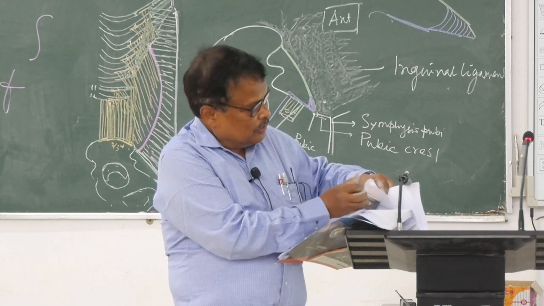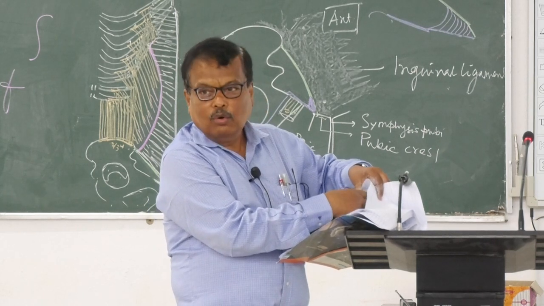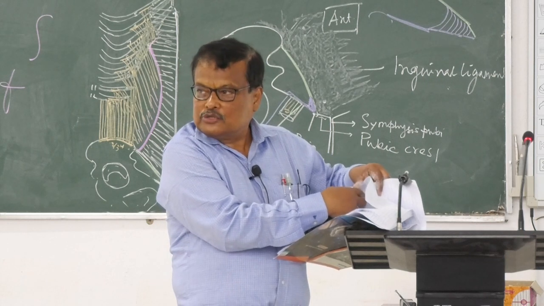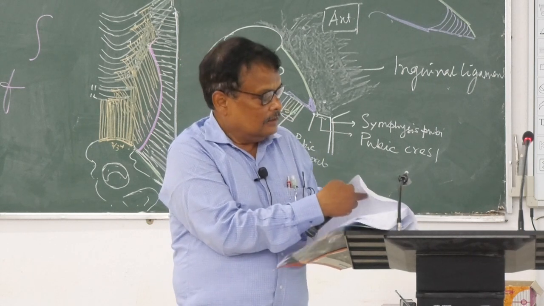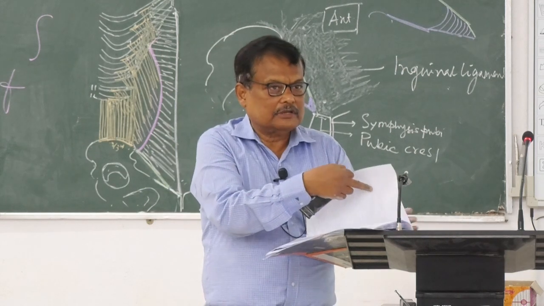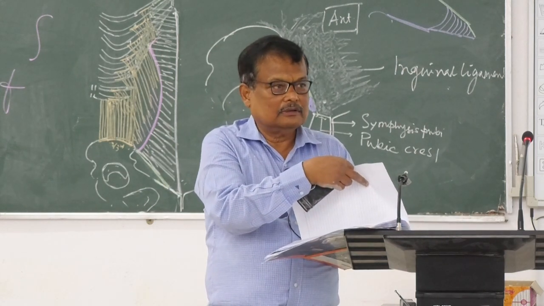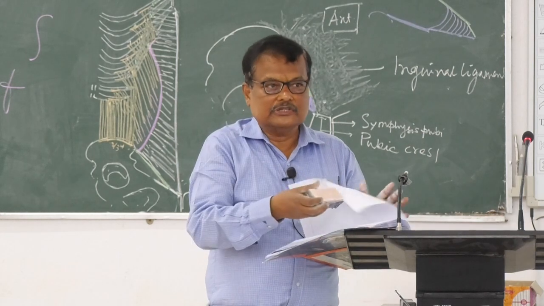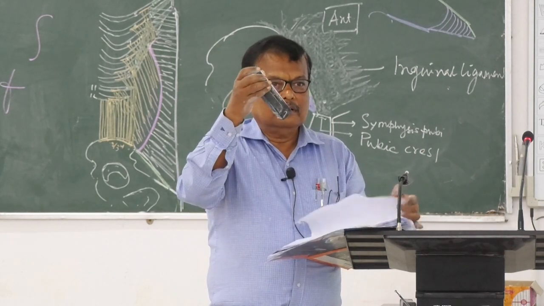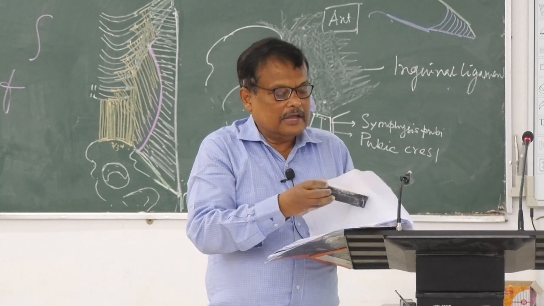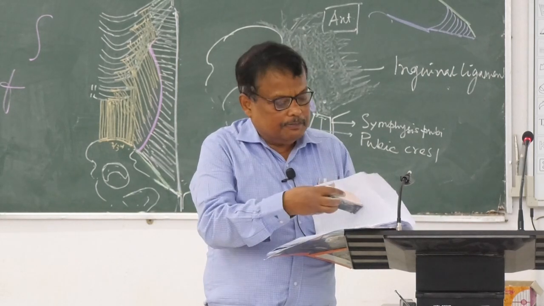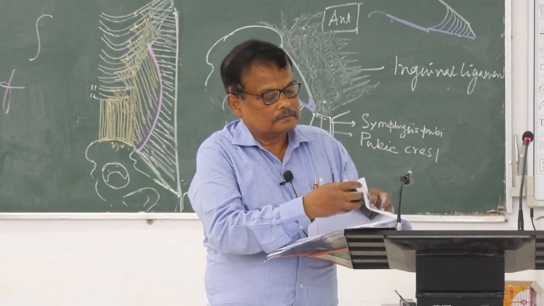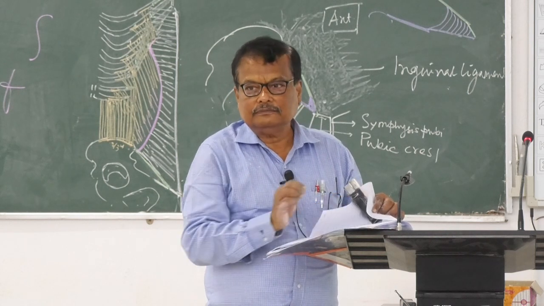So, look, if we remove this, there is a hole. Can you see? And understand carefully, I am explaining one by one. It is the fascia transversalis, right? And this is the testis. And it has to go down, so it pushes this fascia transversalis.